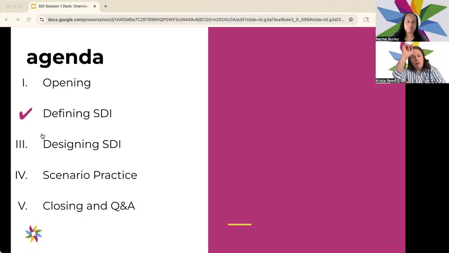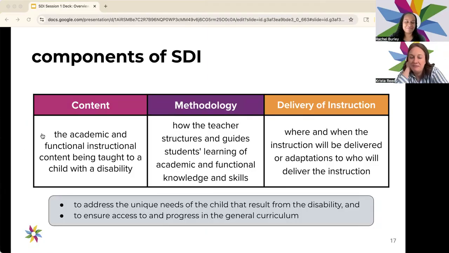Let's talk about how we design SDI. This was in the definition, that IDEA definition that Rachel showed earlier. It said, SDI is adapting the content, the methodology, or the delivery of instruction for an eligible student under IDEA. So what does that mean? What do we mean by adapt the content, right?